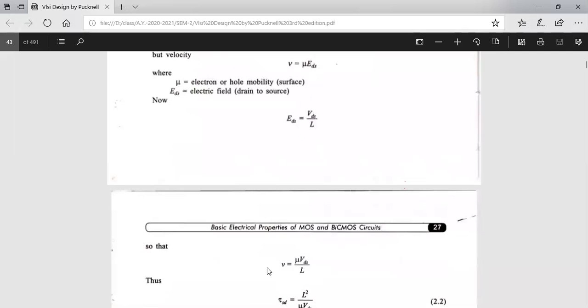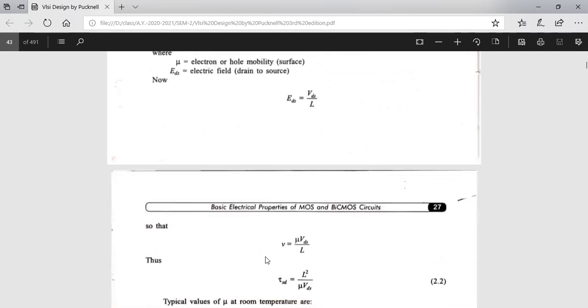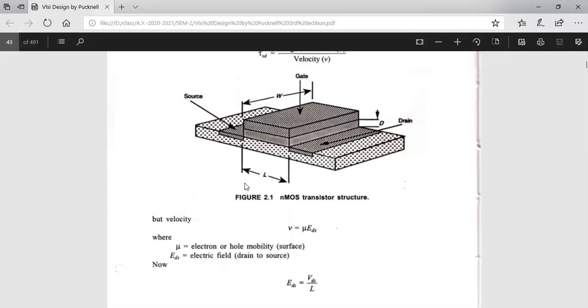So what is tau SD? Tau SD is the time taken by the electron to move from the source to the drain. That is length divided by velocity.